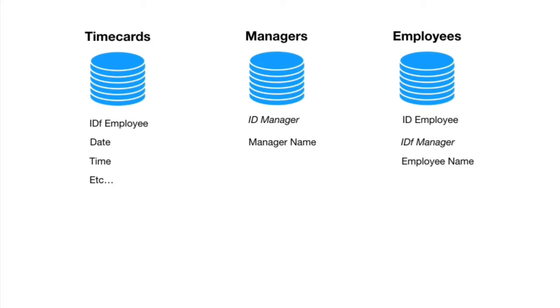So for each employee, I have a foreign key, a foreign ID for the manager. So you can see that a manager can have many employees, and an employee has only one manager. It's one to many.